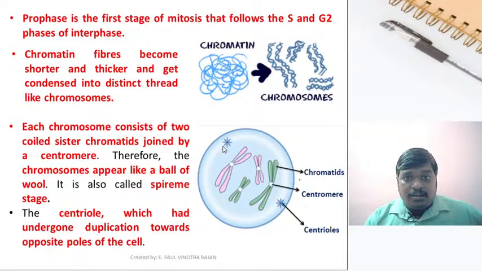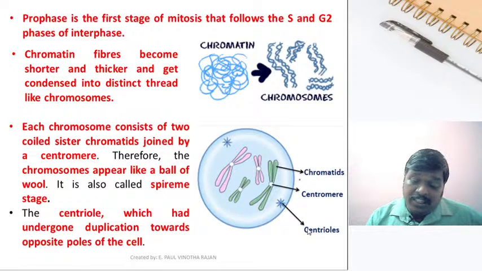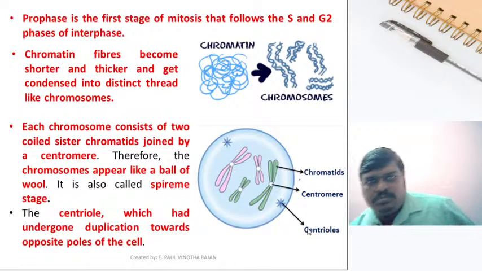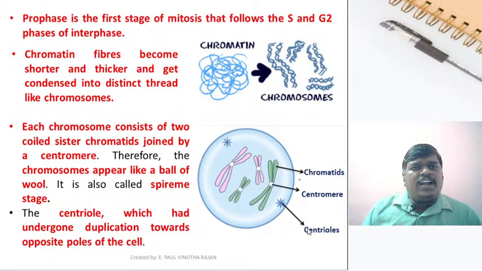And finally, what will happen here during cell division? A tetrad structure is formed. This is the tetrad structure with a centriole. This is what is formed during the prophase stage. The chromatin threads condense and become chromosomes.